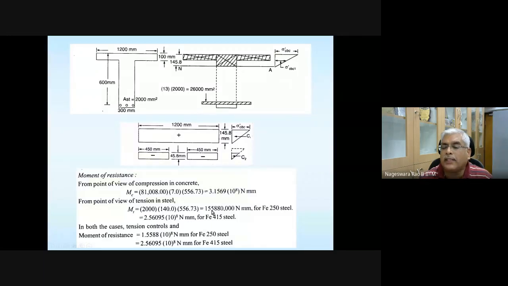Compare this number with this number. This number is smaller, so your moment of resistance is dictated by the steel if you use Fe 250. And if I use Fe 415, this is the number I got, and still it is less than this one. So even with Fe 415, the steel is going to reach its permissible limit first.